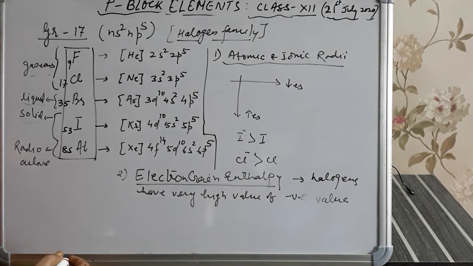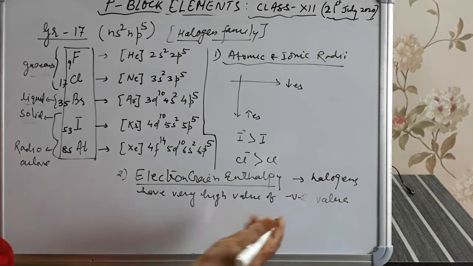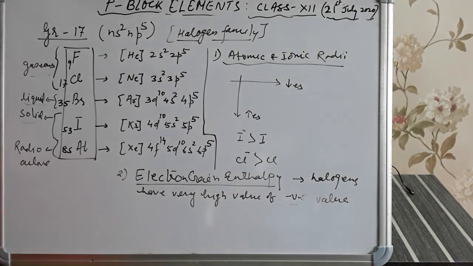Because halogens are smallest in size, they have a very strong tendency to accept electrons and quickly release energy. So students, when we move along a period, the electron gain enthalpy tendency increases, and when we move top to bottom in a group, the tendency decreases.